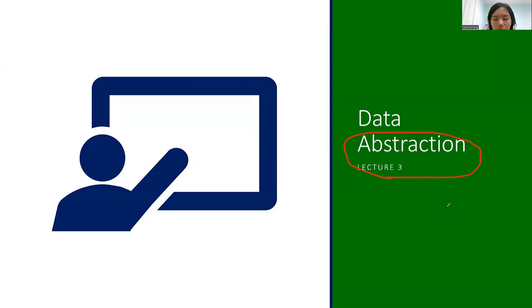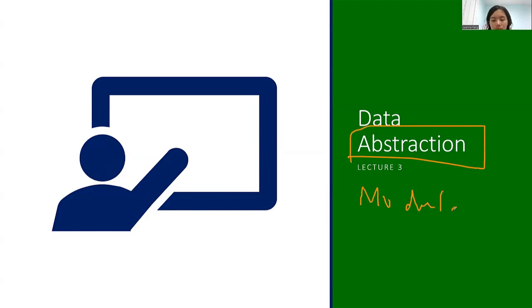So how do you reduce the complexity of something? Just removing parts that aren't necessary? No, not like that. Abstraction usually means modularizing. So what does it mean to modularize?